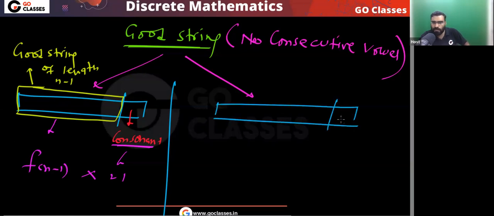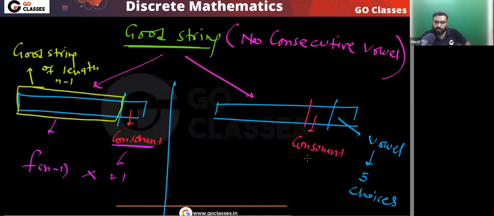Now case 2: here you have a vowel. How many choices? You can have any vowel, that is 5 choices. Now here you must have a consonant, 21 choices.